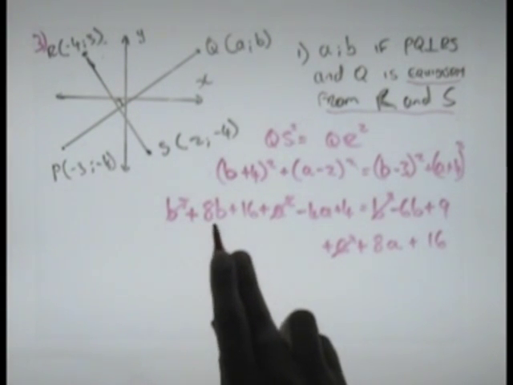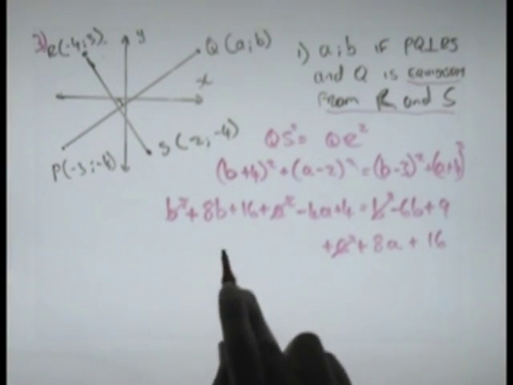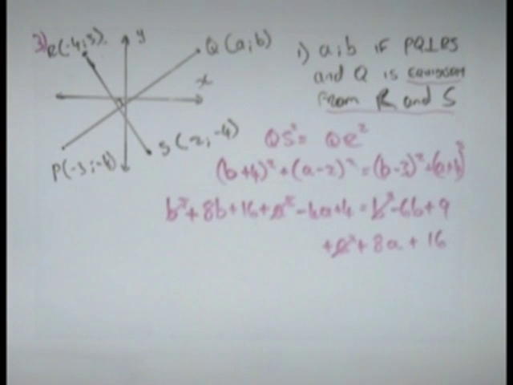I've then got 8b plus 16. Take all the b's and a's to one side.